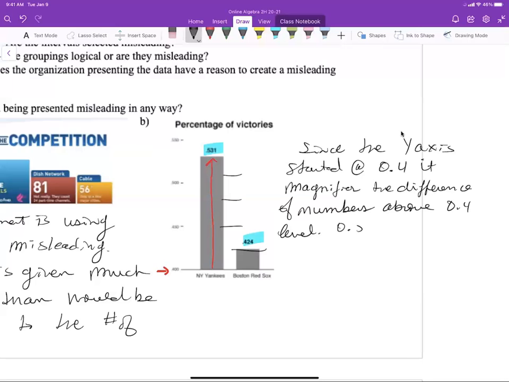So 0.53 is not 5x better than 0.42 of victories.